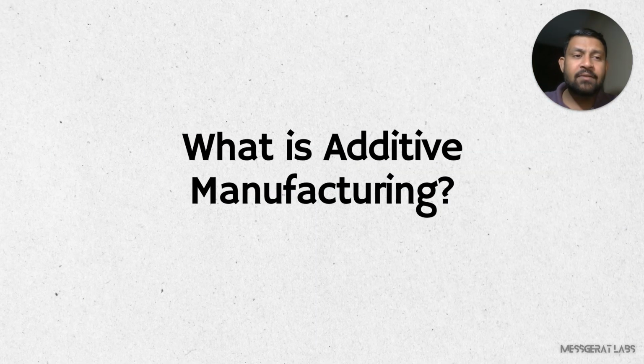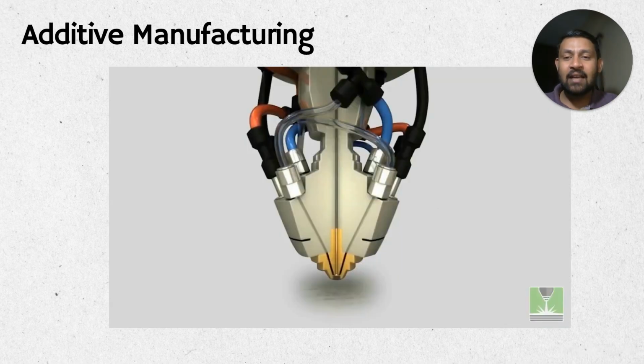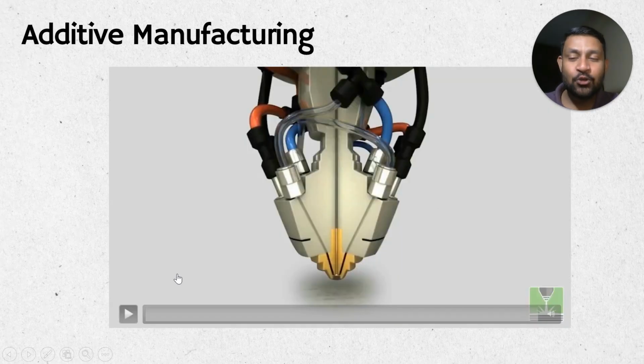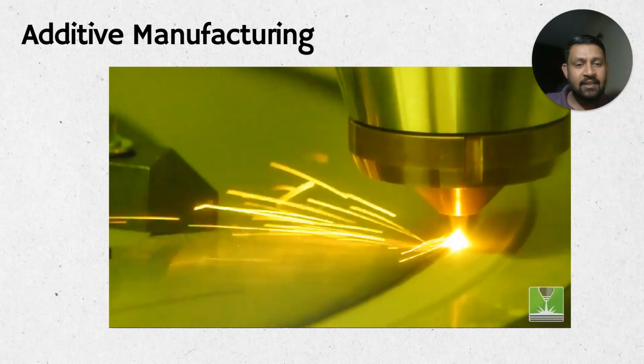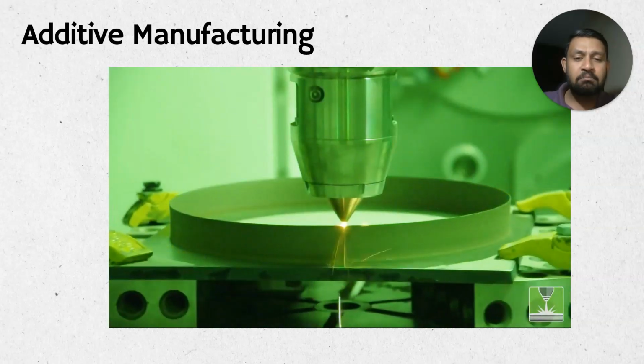Now again we will see a very short video of an additive manufacturing process, where we will see how material is being added. Since the subtractive machining process was for a metal, the additive manufacturing process that I'm going to show you is also for metal. Now in this video you can see that the raw material in the form of metal powder particles is coming from a laser head, and from the same laser head the laser is also coming out.